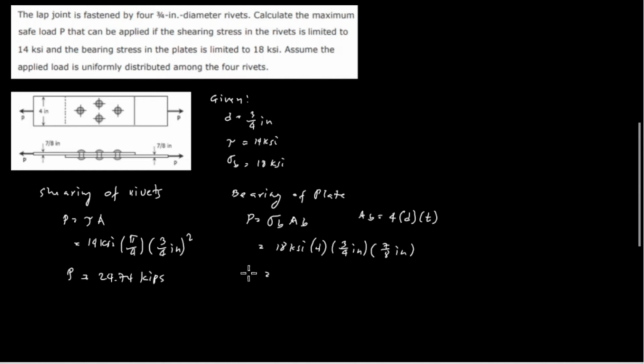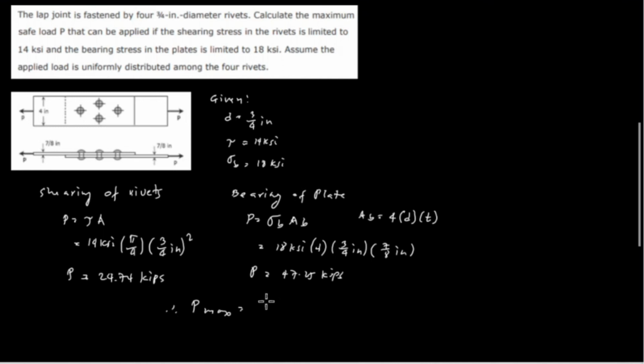And P, 18 times 4 times 3/4 times 7/8, and the value for P is 47.25 kips.